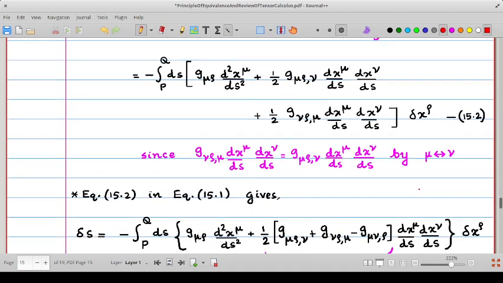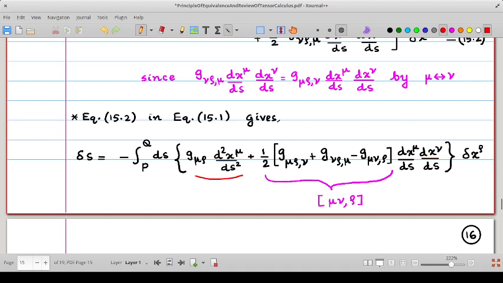There is one more term remaining, and that is this very first term here, which does not have this factor of half, and it's g mu rho, and this factor of minus is already taken outside, so g mu rho d square x mu by ds square times delta x rho.